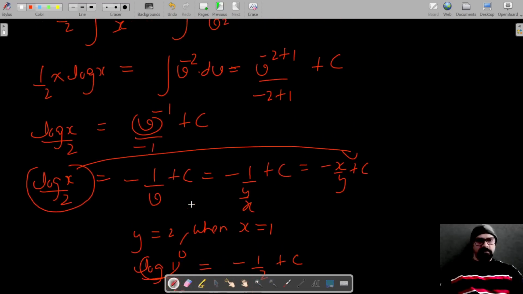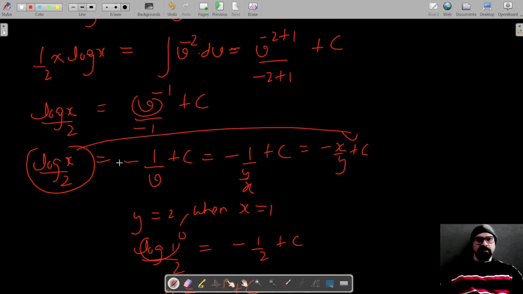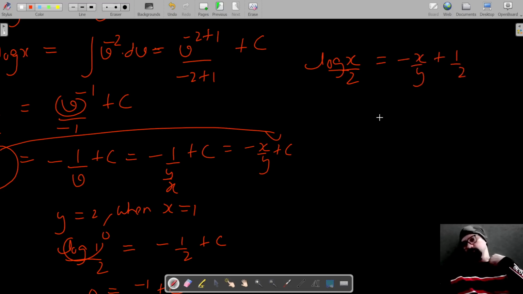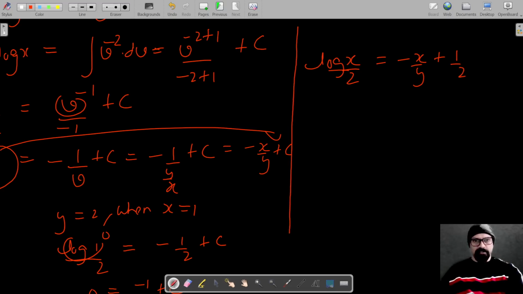Okay, so our differential equation finally becomes log x by 2 is equal to negative x by y plus value of c, which is negative half. So if I rearrange this, negative x by y is equal to log x by 2 minus half.